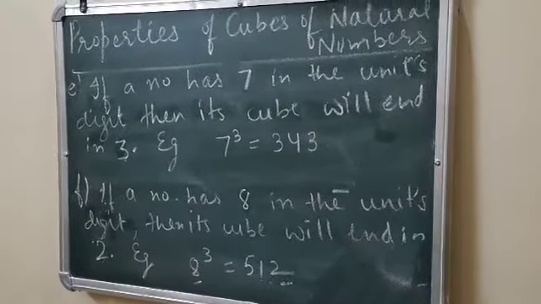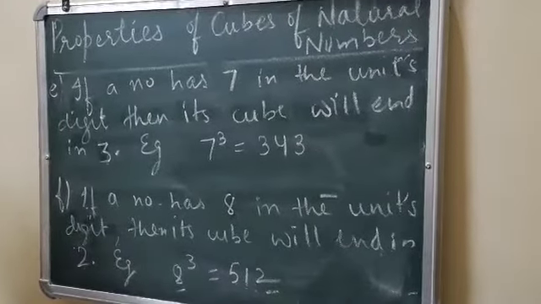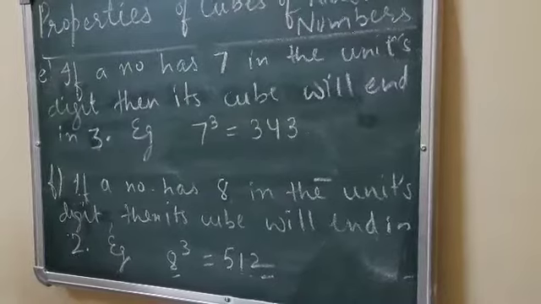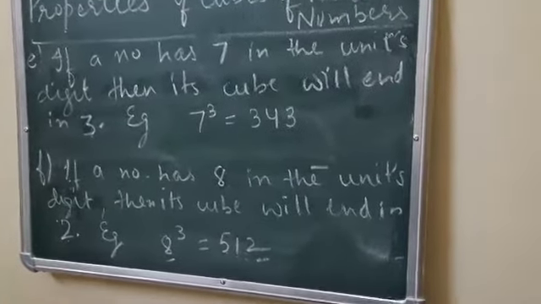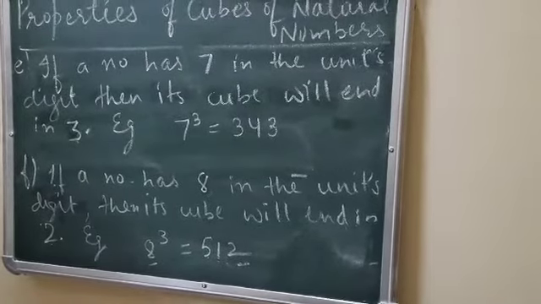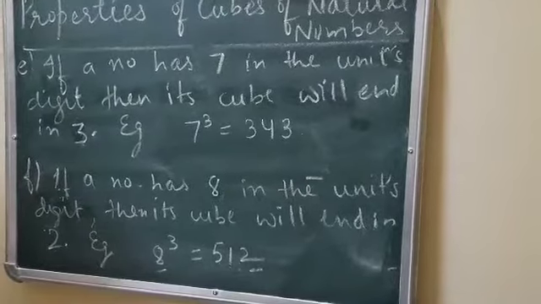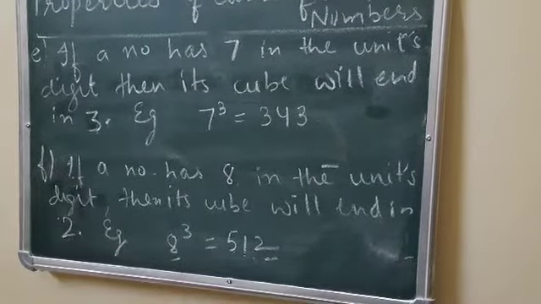If a number has 3 in the units place, its cube will end in 7. If a number has 0 in the units place, its cube will end in 0, and it will have 3 zeros in the end. If a number has 7 in the units place, its cube will end in 3, and if a number has 8 in the units place, its cube will end in 2, right?